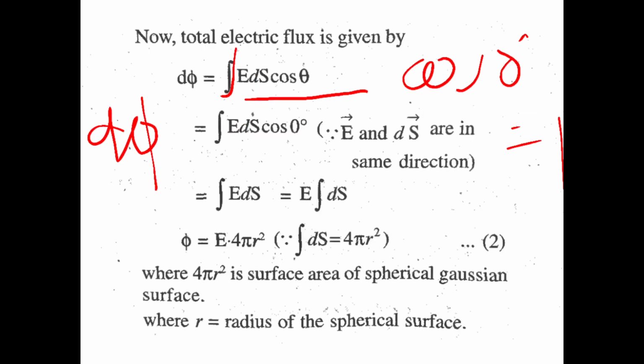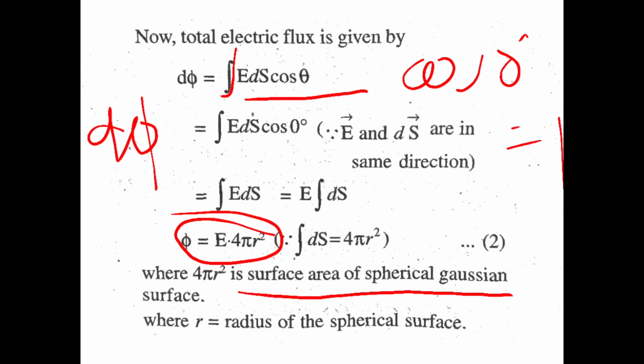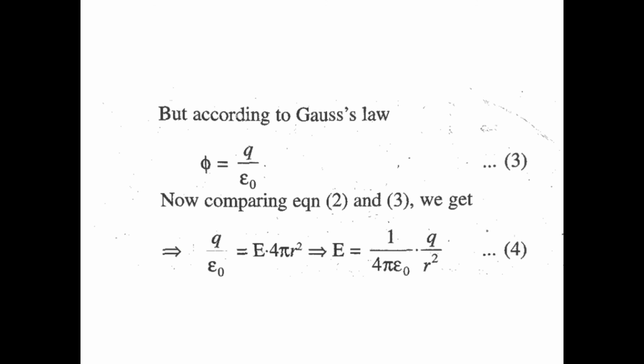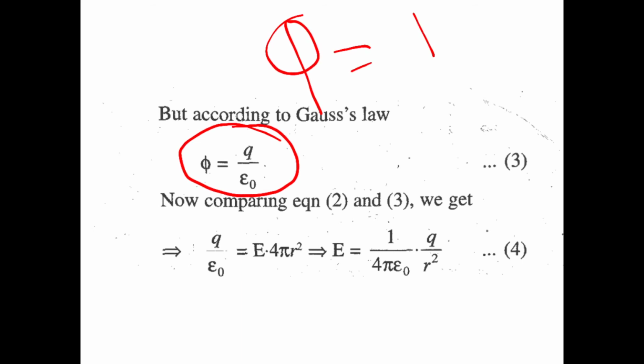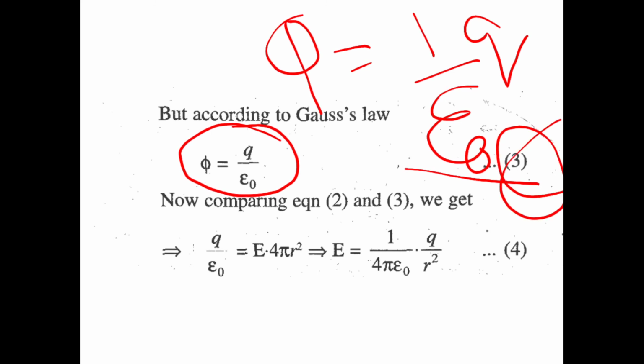So integration of E into ds, we get phi is equal to E into 4 pi r square, where 4 pi r square is the surface area of the Gaussian surface and r is the radius of the spherical surface. But according to Gauss law, we know for every surface, phi becomes 1 by epsilon 0 times the net charge enclosed by the surface. So here 1 by epsilon 0 into q, equation 3.